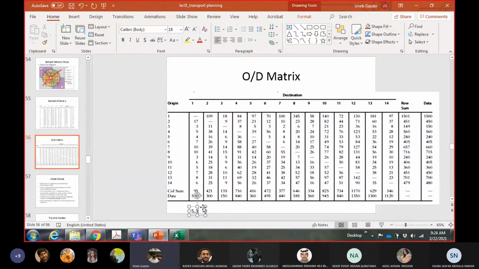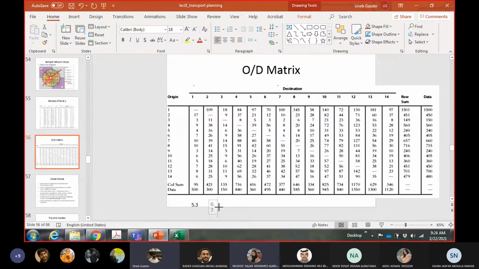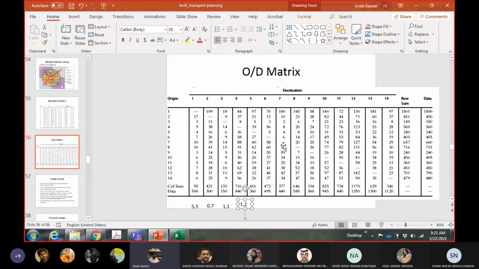Then 5.3, then 0.7. Okay, keep on doing it. Then 1.1, and 1.2. Then 0.9, and 1. Okay, 1.2.